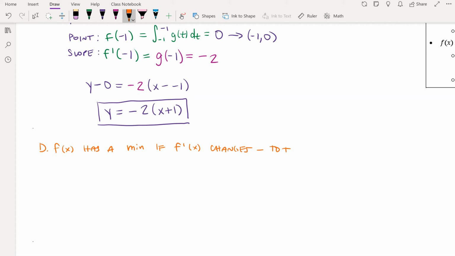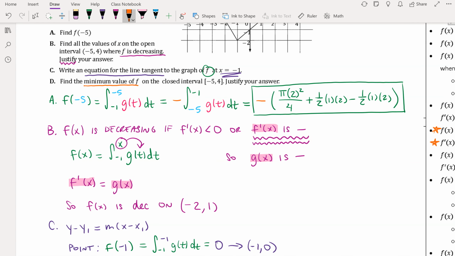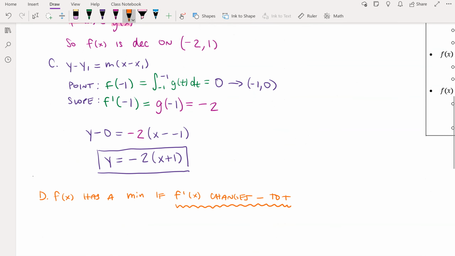All right, cool. So again, we need f prime of x. We need to know when does f prime change negative to positive. F also could have a minimum at endpoints. Remember how we talked about if it doesn't say relative minimum, then it means absolute. So when it just says find the minimum, that's actually asking you for the absolute min. So that means that we need to check our endpoints.